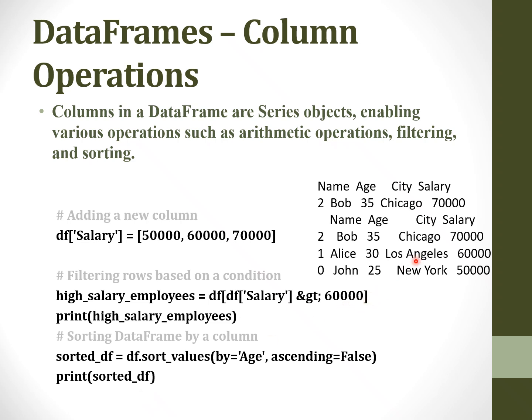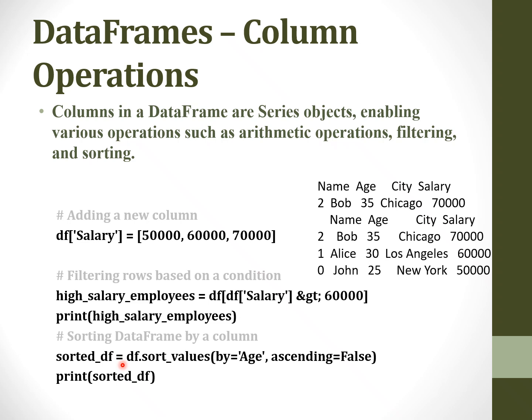Now I want to print the values where the salary is greater than 60,000. The only case where the salary is greater than 60,000 is for Bob, because he has 70,000. So only that data alone will be printed here.